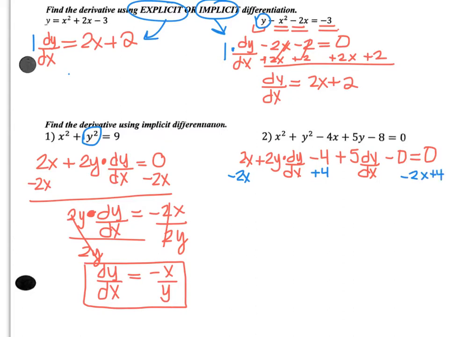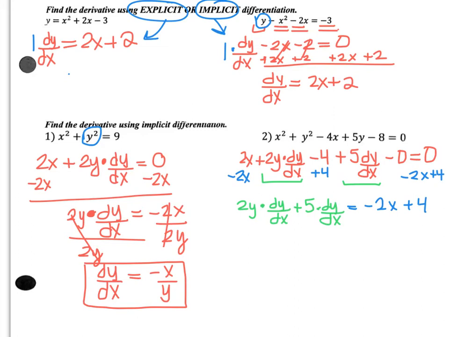So these two terms we're going to leave here. So we have 2y times dy/dx plus 5 times dy/dx equals negative 2x plus 4.